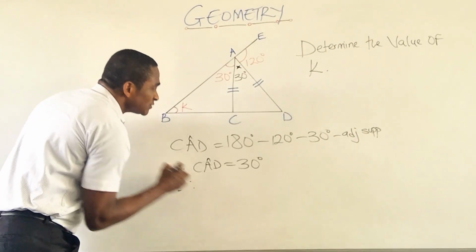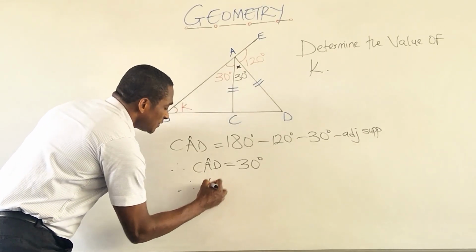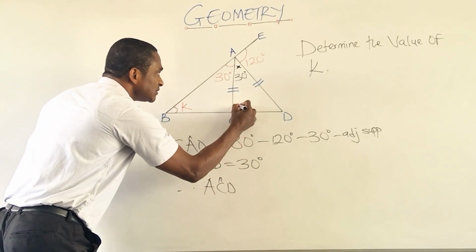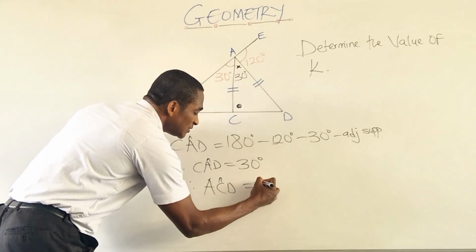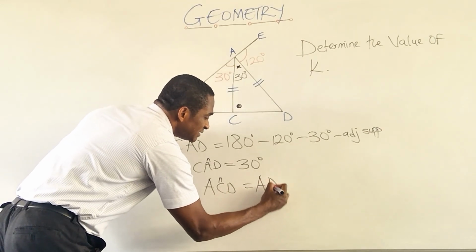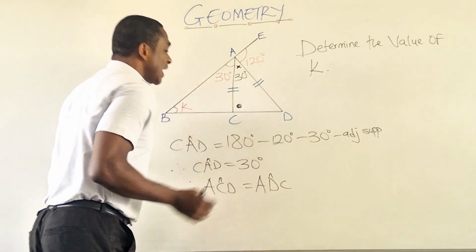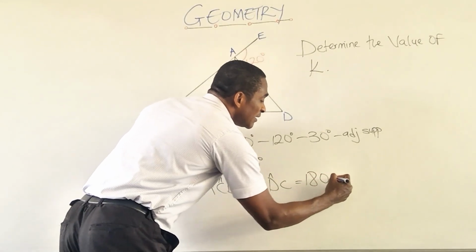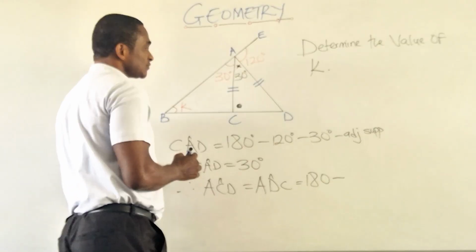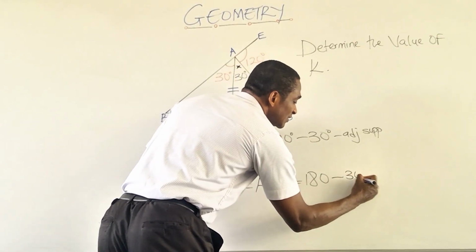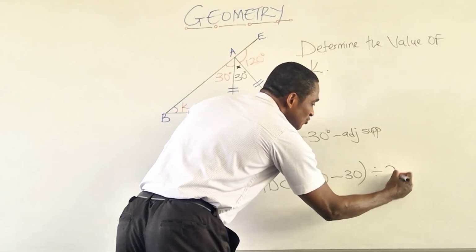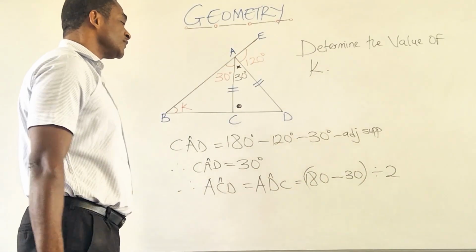Therefore, angle ACD, which is this angle, will be equal to angle ADC, and both of them will be 180 minus 30, divided by 2, because they are supposed to be equal.